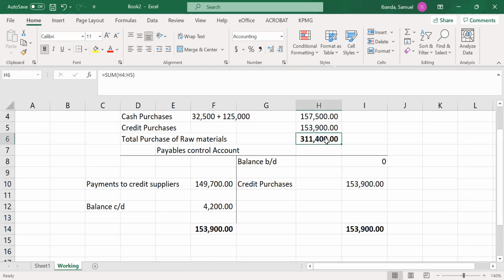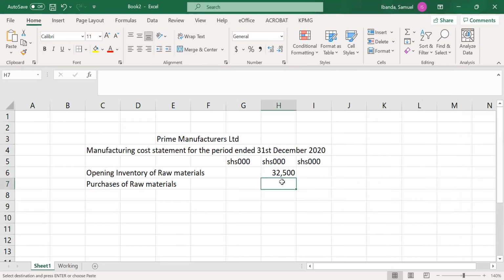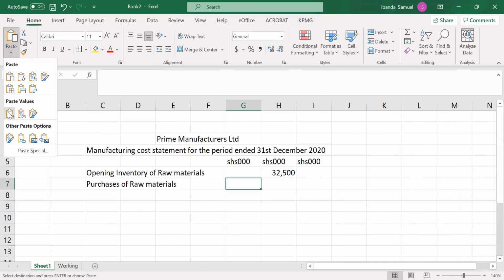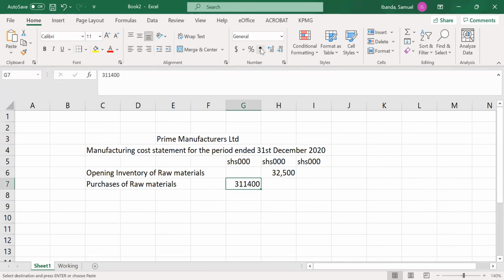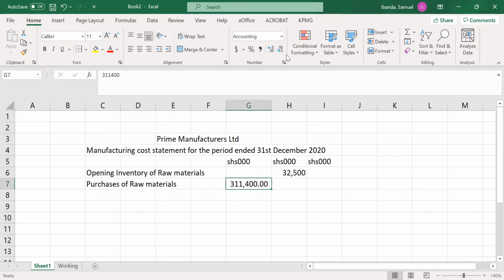So after I've gotten this value, I'll come and now transfer it here. Since I'm working under this column, I'll first put this one here because there's an adjustment. Just like when we're doing up a generic P&L, purchases have things that may adjust them. Purchases may be adjusted with purchase returns or carriage inwards.